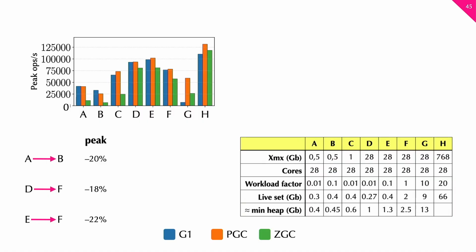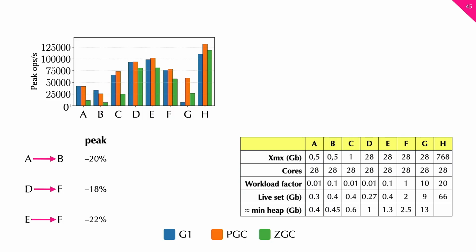We're going from 0.27 gigabytes of live set in the D configuration and 0.4 gigabytes in the E configuration to 2 gigabytes in F. So it's sort of, again, similar to going from default to large, if you will, in DaCapo.